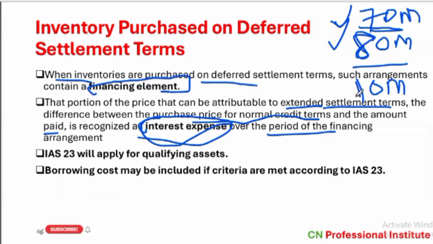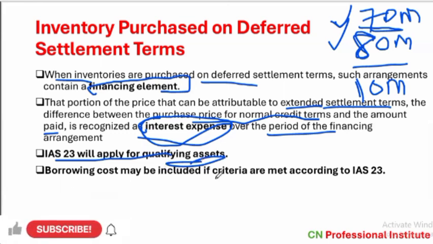Now, let's look at the second part, which is IAS 23 here. It says IAS 23 will apply for qualifying assets. The borrowing cost may be included if the criteria are met in accordance with IAS 23, right?